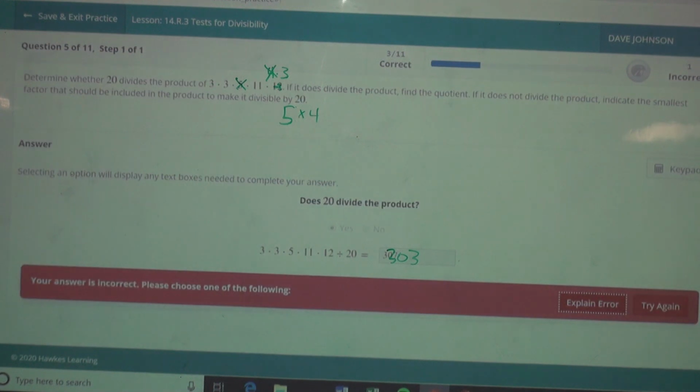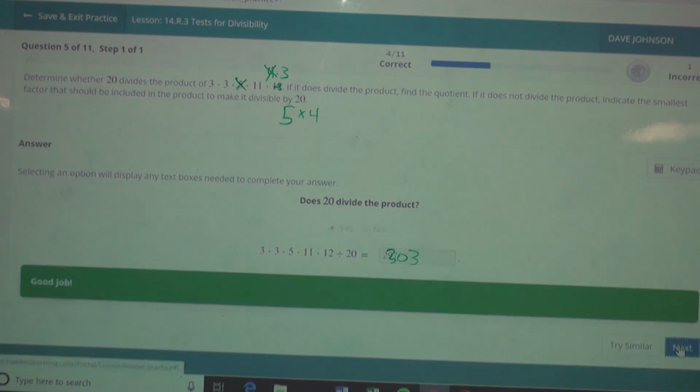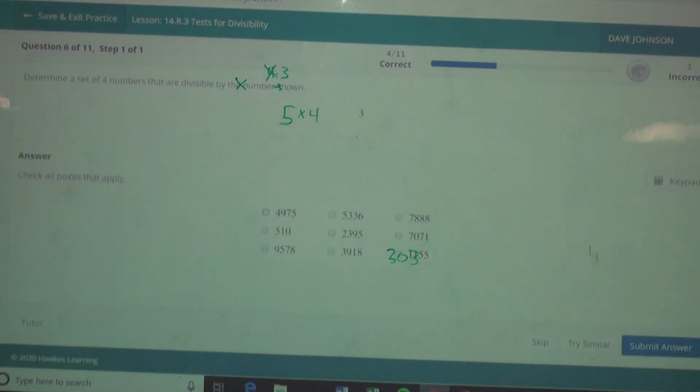And I'm not right there either. 3 times 3 times 3 is 27 times 11, 297, sorry. There we go. All right.